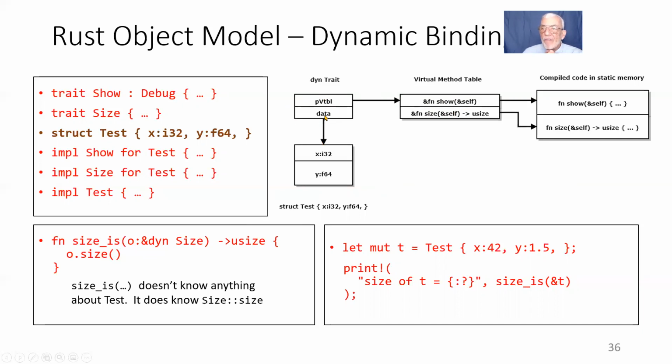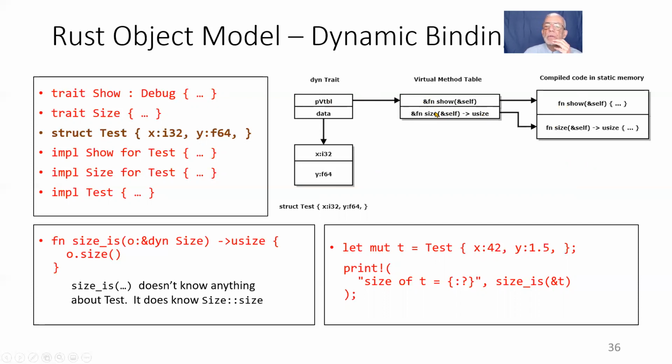Instead of having every instance of the type have a pointer to the virtual function pointer table, only this dyn object, when I want to use it, I pay for the price of that pointer. So that pointer points to the table, and the table goes to show and goes to size and goes to anything else that I might have implemented for this particular type. I implemented new, for example, but the only thing I'm dispatching on are the traits.